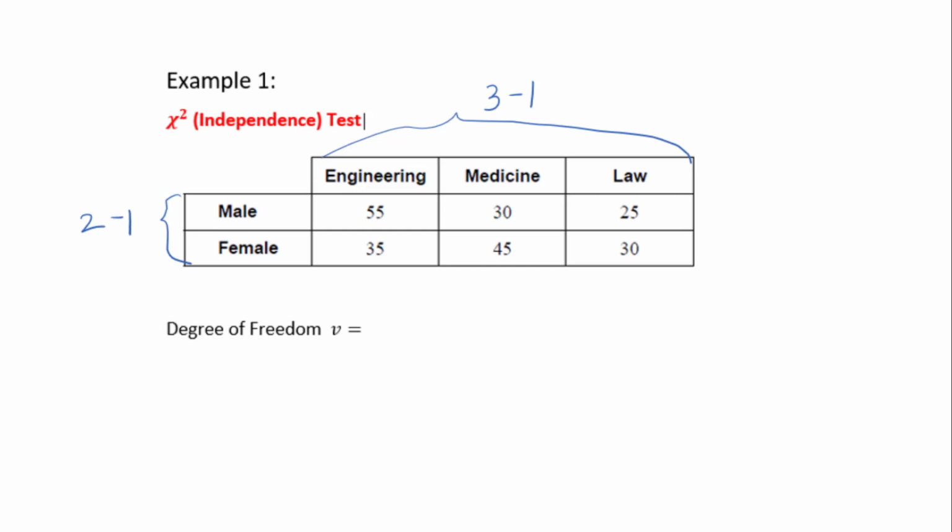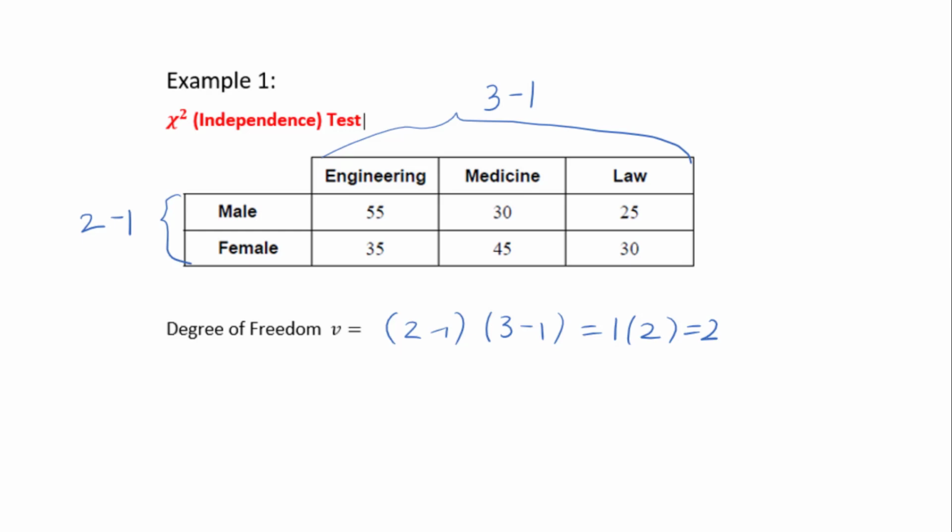Since the chi-square independence test is about the relationship between the items of columns and the items of rows, therefore the degree of freedom will be the multiplication of the freedom of columns and the freedom of rows. 2 times 1 equals 2.